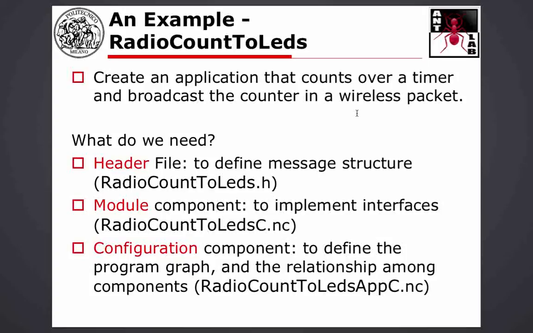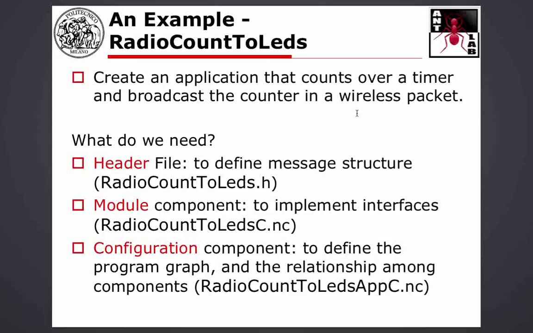Now, how do I display a value on a LED? Well, basically, we will convert the value into binary, okay? So a sequence of zeros and ones. And we will use 0 for turning off the LEDs and 1 for turning on the LEDs, okay? So we will convert the number into a 3 bit representation. So it's modulo 8, basically.